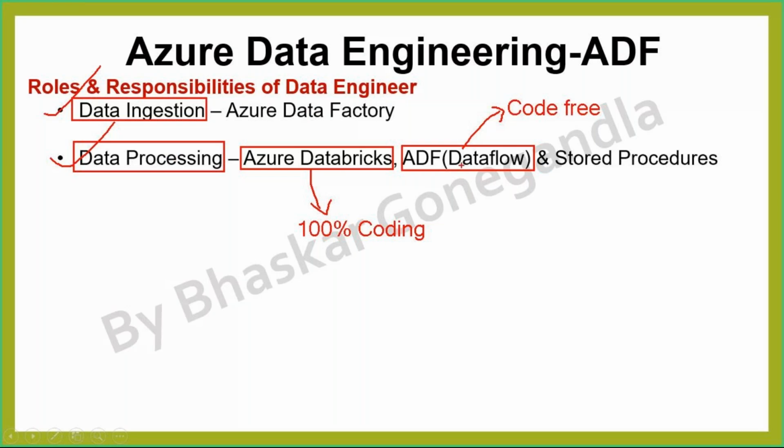There is a concept called data flow. By using the data flow, we can do it. We don't need to write the code. And there is another way. Before all this, we had stored procedures. So I did one of the projects for data engineering. We did the entire transformations with stored procedures.